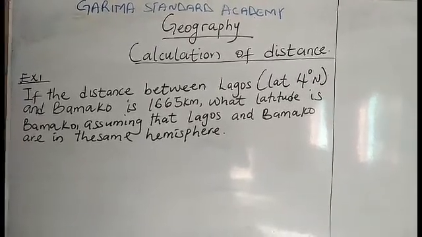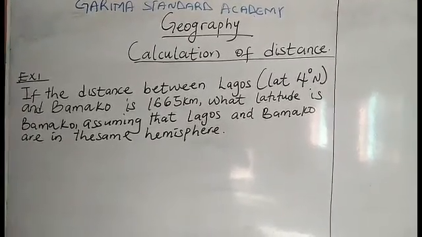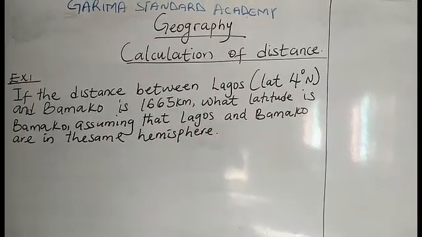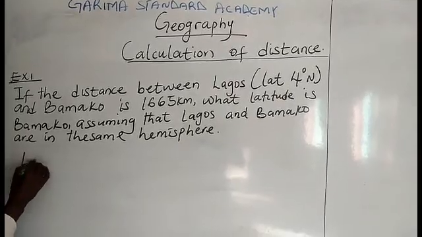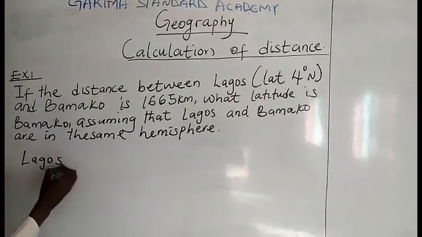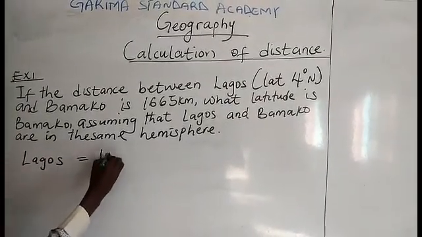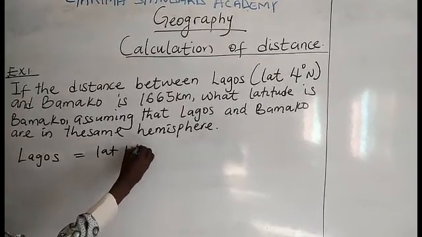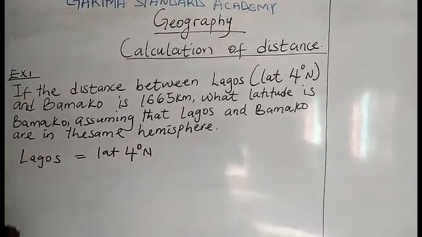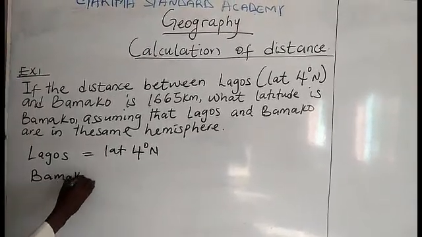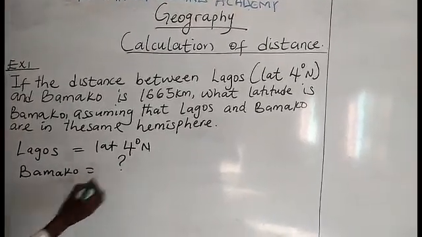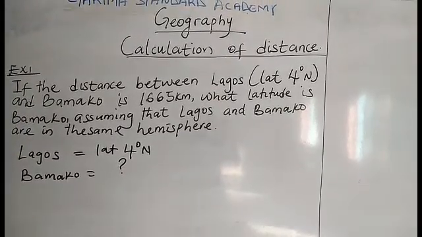The first step in calculating distance is to locate the two places involved. On the board, we have Lagos, which is latitude 4 degrees north. Then we have Bamako, which is unknown latitude.